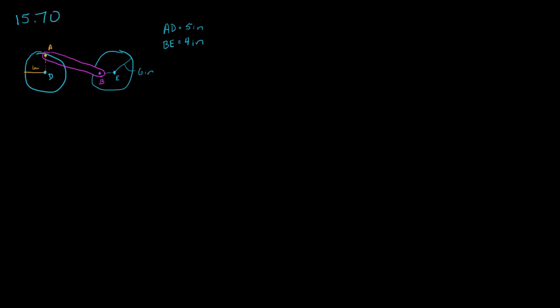And what we're interested in figuring out is what the velocity of this point E is right here. So what's this velocity of E? We're also given the length of A to B, and A to B is 14 inches.